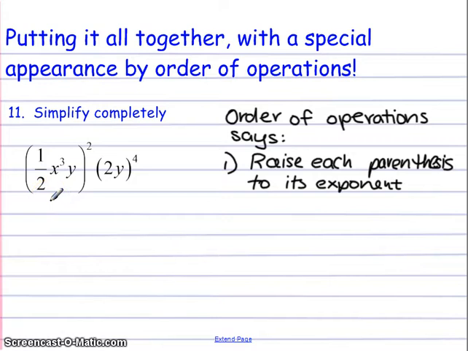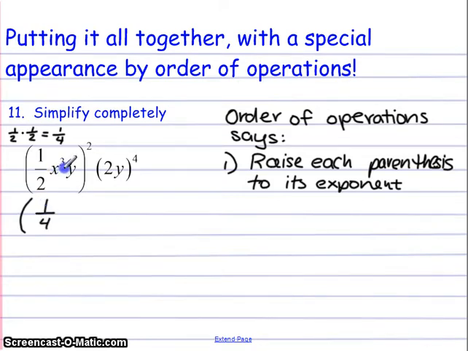So if I do my first parentheses to the 2nd power, I'm going to take 1/2 and square it, because when you raise everything to a power, you take the numbers and you do them to that power. So if you think about it, 1/2 times 1/2 equals 1/4. So in that first parentheses, I'm going to write 1/4.